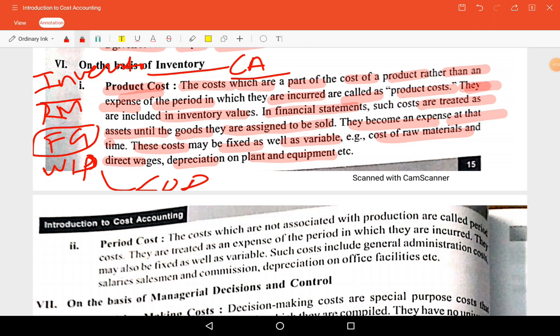Raw material and direct wages are required for making the product.